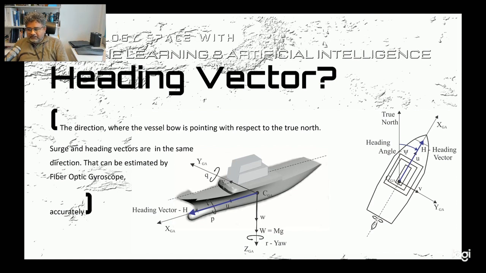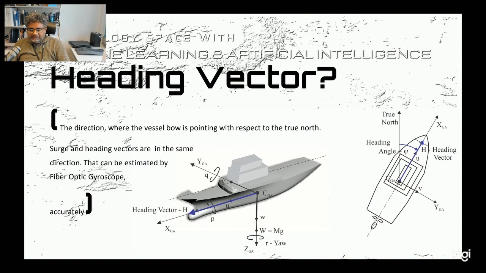In this figure I am representing the heading vector by H, and its angle is represented by psi. Generally, these heading vectors can be estimated by fiber optic gyroscopes, because those do a pretty good job of estimating the heading vector accurately.